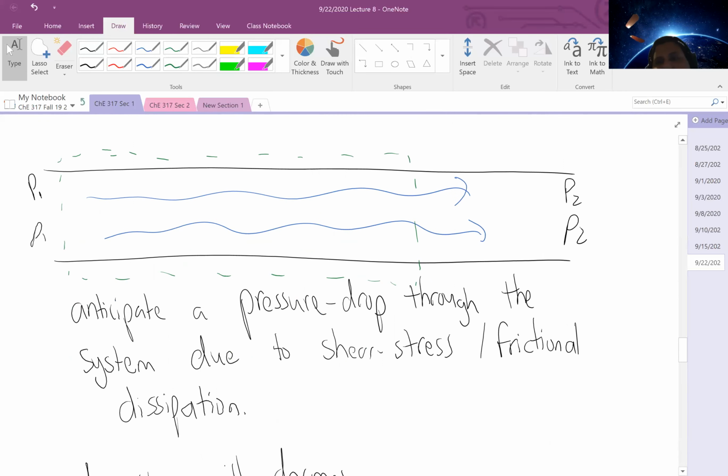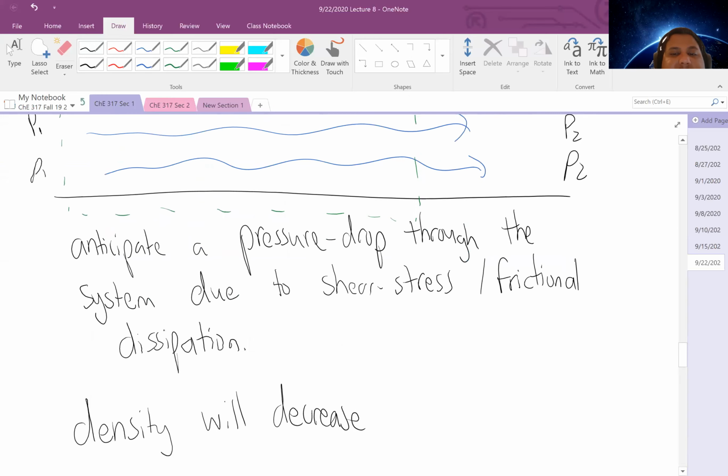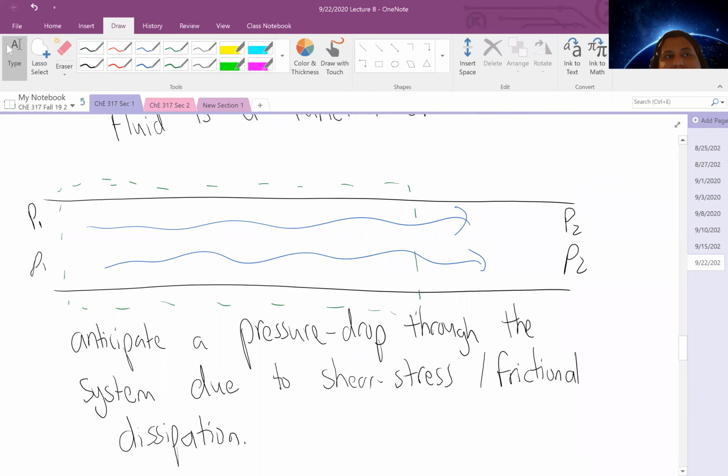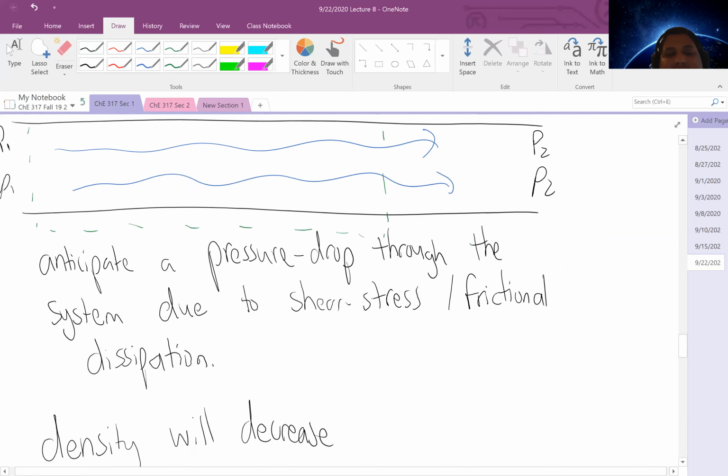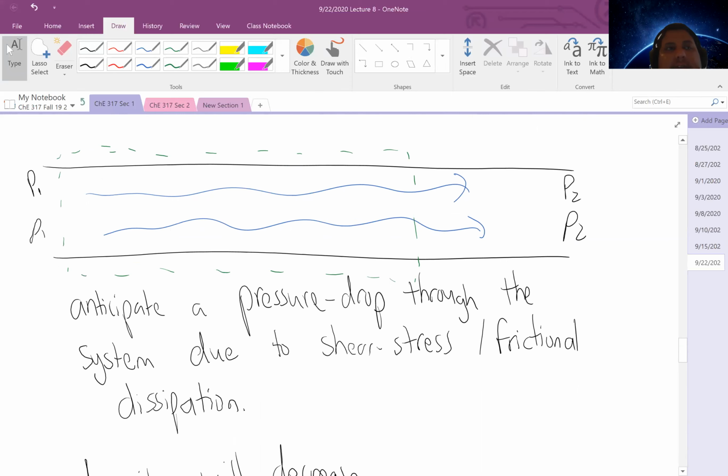For a compressible fluid, this has the added implication of a decrease in density of our fluid. By our mass balance and our continuity expression, since the density of our fluid decreases, the velocity of our fluid must increase in order to maintain a stable and constant flow rate for systems at a steady state operation.